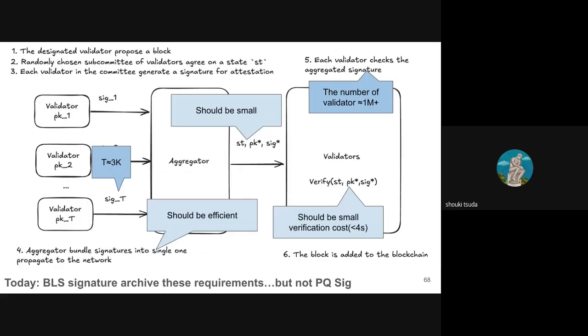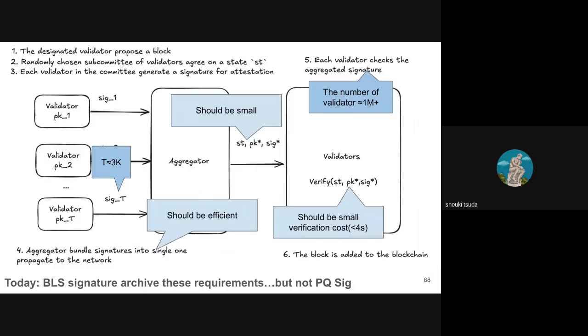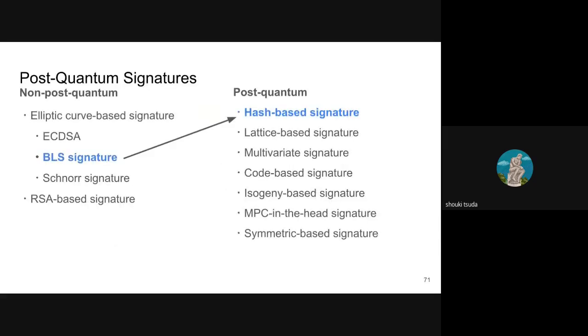Currently, we have the BLS signature, which has a homomorphism, so it is very easy to aggregate and very efficient. Sorry, but this signature doesn't have post-quantum resilience, so we need alternatives. The Ethereum Foundation is currently researching some post-quantum alternatives, but hash-based signatures are the top option.